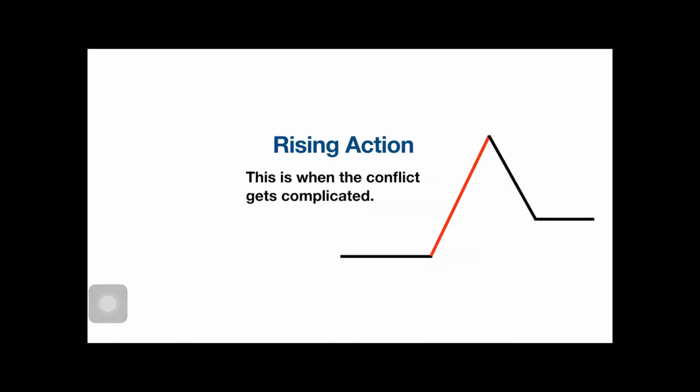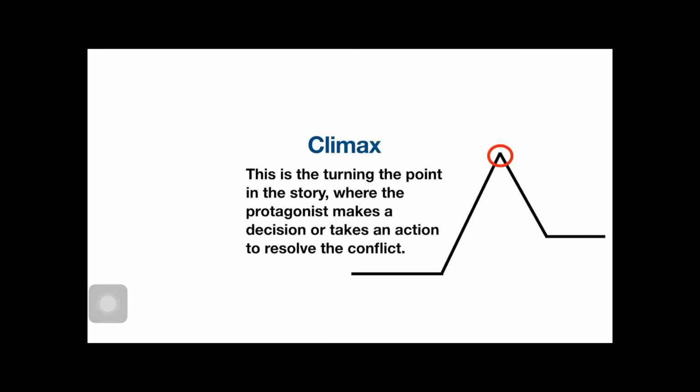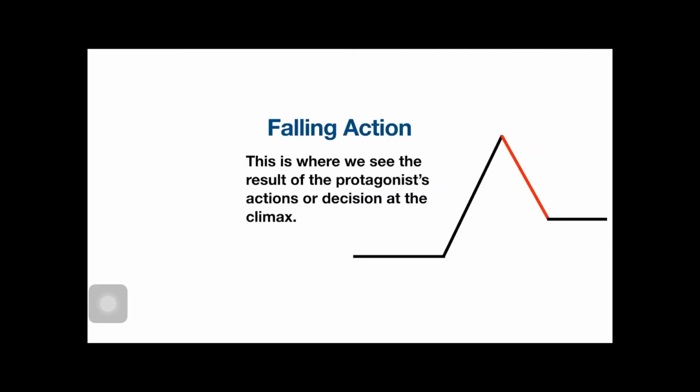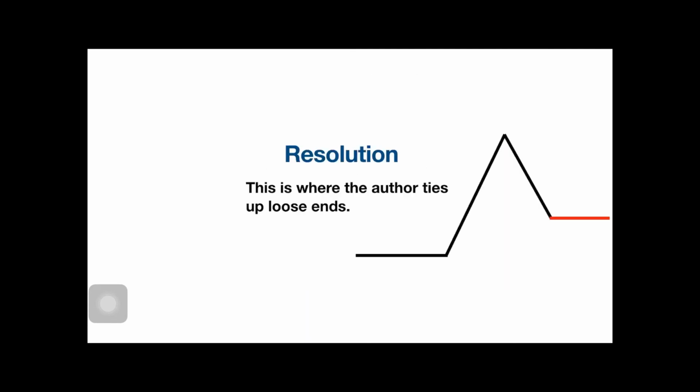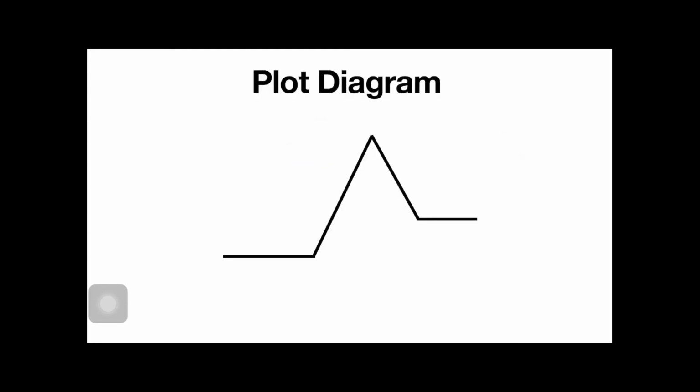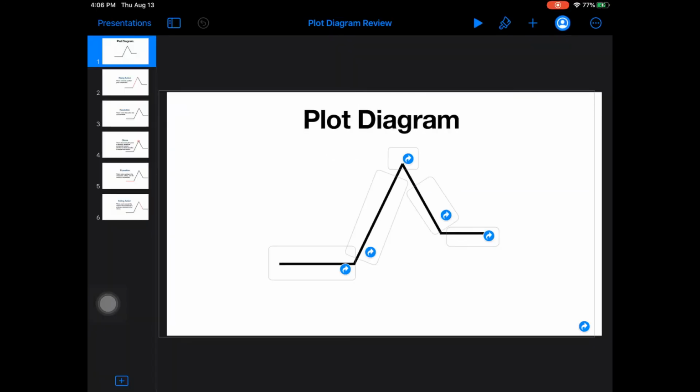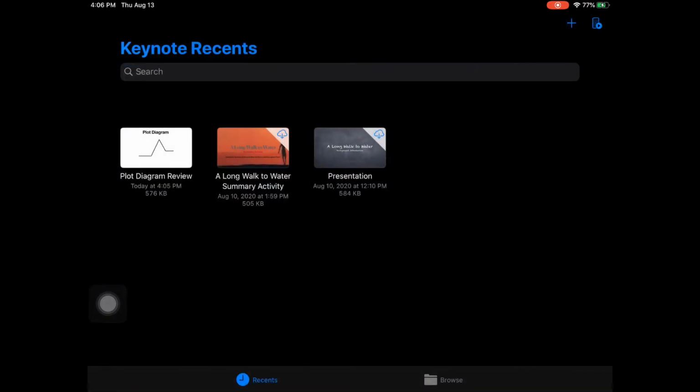And then as they click on these certain areas of the plot diagram, it takes them to a further explanation so they can review, like for a plot diagram. So that's kind of an interesting way to do a game, I guess you could say. And I just pinched my fingers together to get out of there. Otherwise, presentations, very basic as far as what you can do.